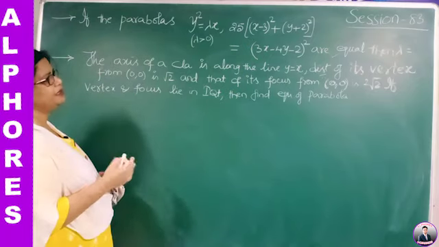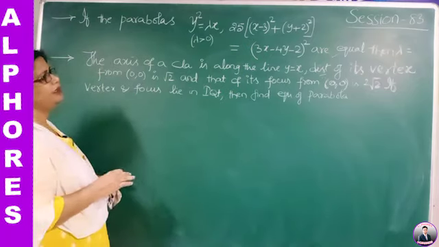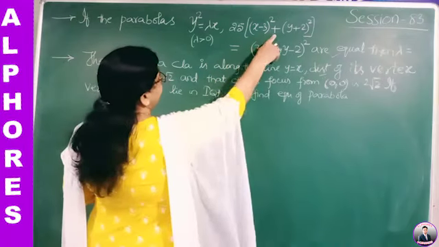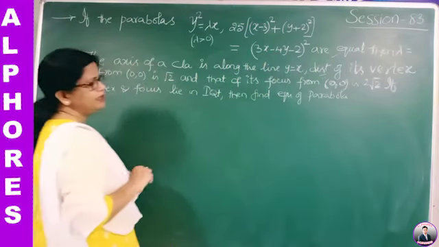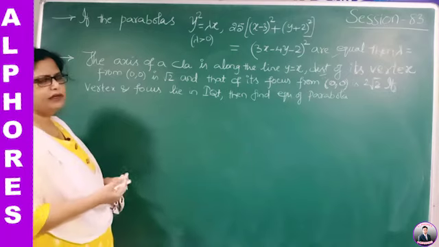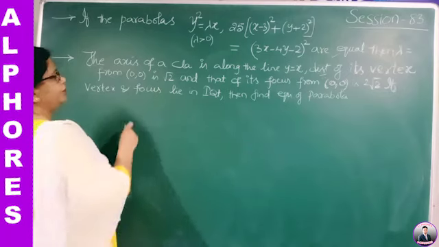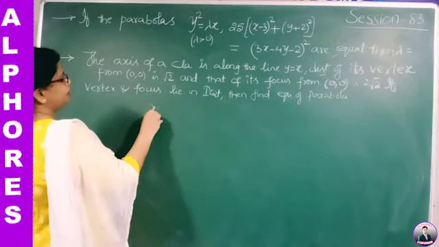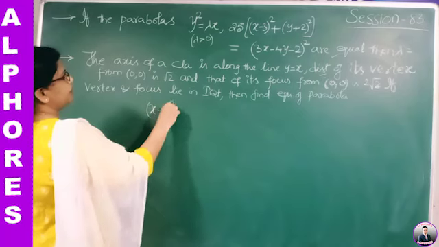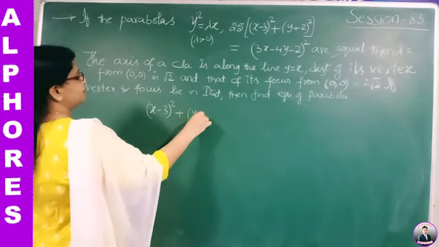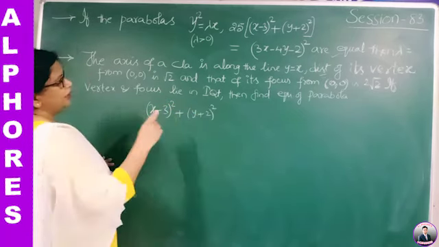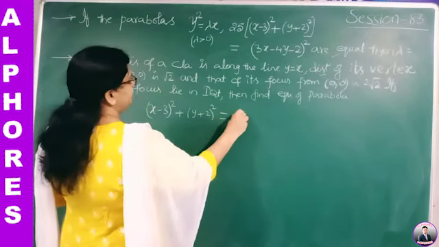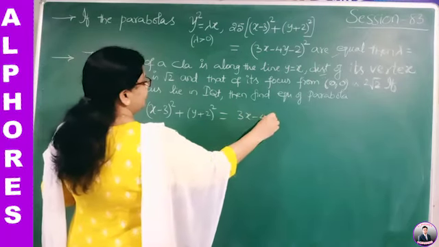Let us write the second equation in standard form. That seems to be the distance formula, and here perpendicular distance, that means we have to use the denominator value. So now I am taking the second equation: (x minus 3) whole square plus (y plus 2) whole square. Now this value is nothing but 3x minus 4y minus 2.